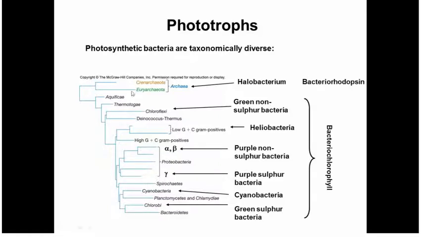Oh well, they all evolved photosynthesis independently. You might say that. Well, why is that definitely false? Why can we exclude that as an explanation? Yes, they are all quite similar.